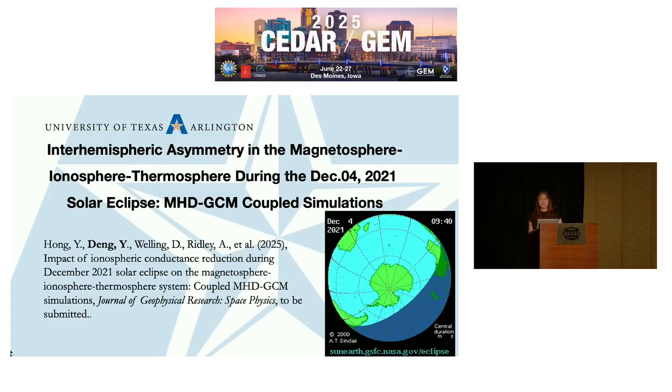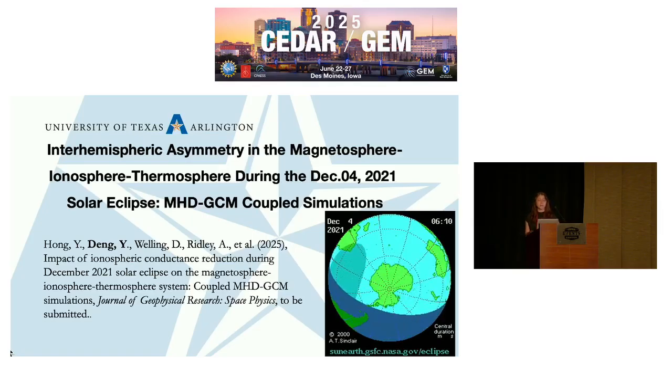And our recent study basically indicated the mesoscale convection pattern can enhance the Joule heating by 30% on average, so definitely it's not negligible. Ideally, if we can get a high-resolution convection pattern over the whole polar region in both hemispheres, that would be fantastic. All right, but today I'm not going to talk about mesoscale. I'm going to talk about larger scale, which is interhemispheric asymmetry.